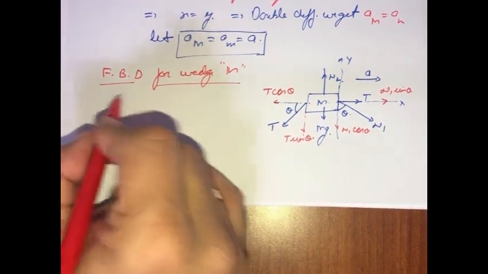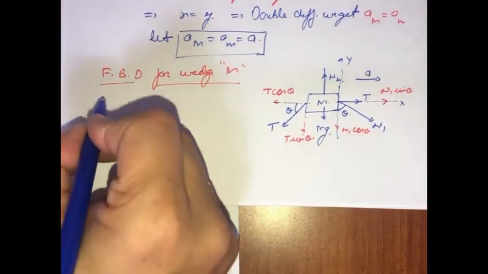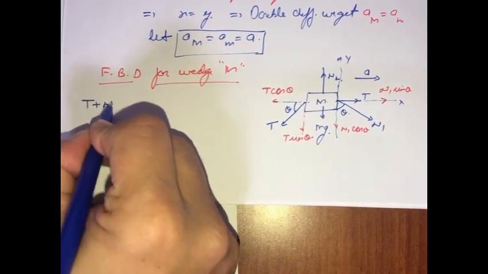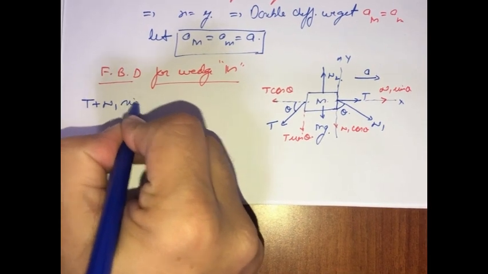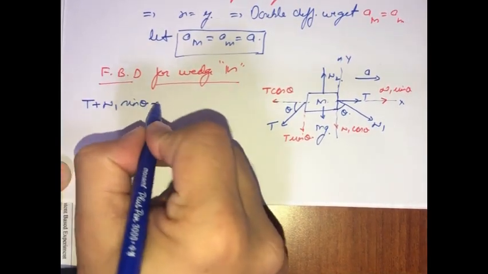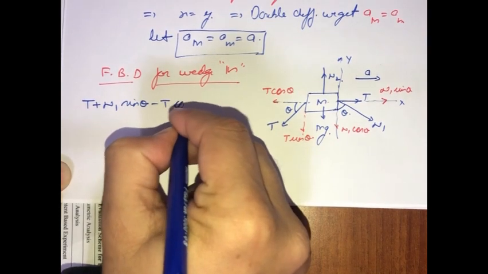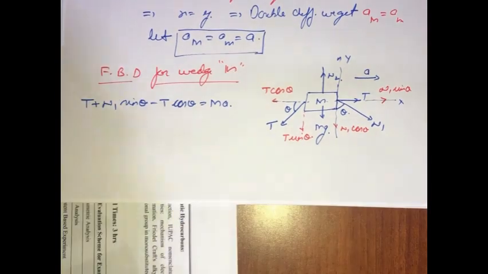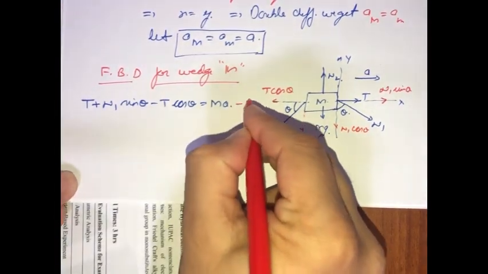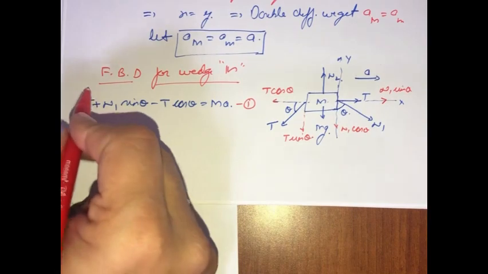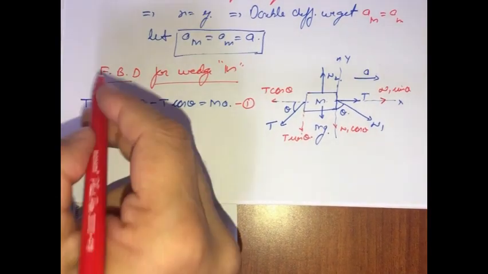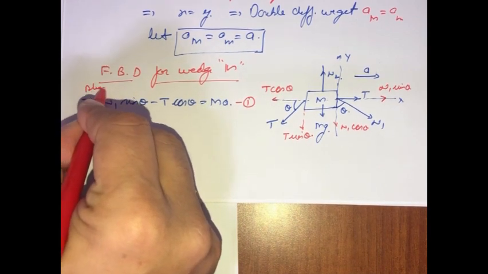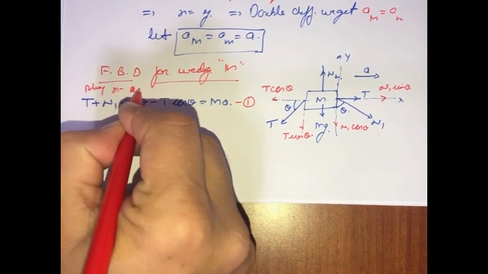We can use the equation that T plus N1 sine of theta minus T cos of theta is equal to MA. And let this be equation number 1. Okay, and this is along the x-axis.